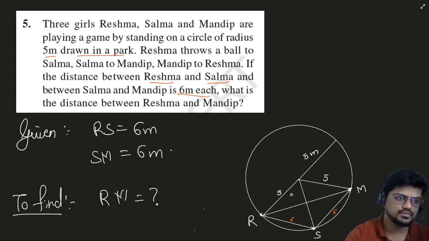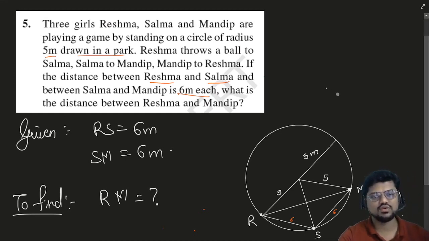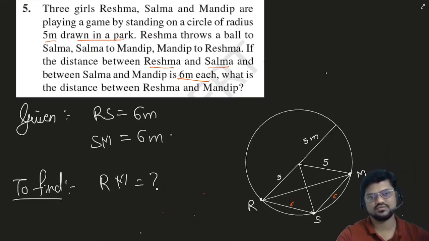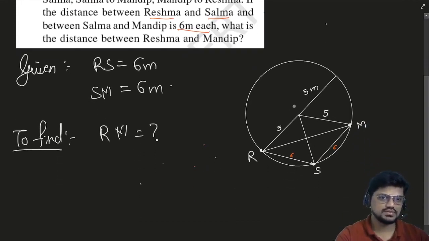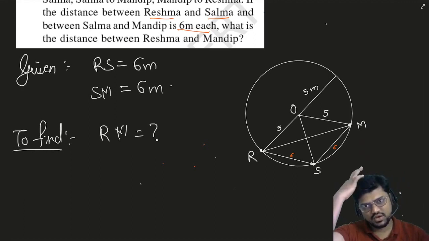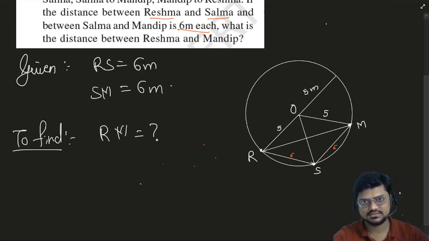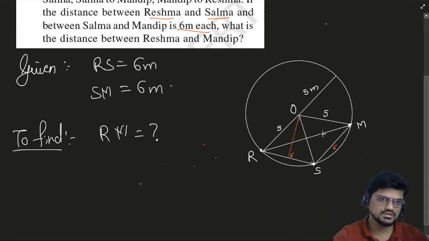Sir, the distance between S and the center would be also fine, no? Center and R would be? S point, yeah, it would be 5. So what I can do to solve is, okay, fine. Now over here, if this is O, if I draw perpendicular bisectors over here, I can draw this.